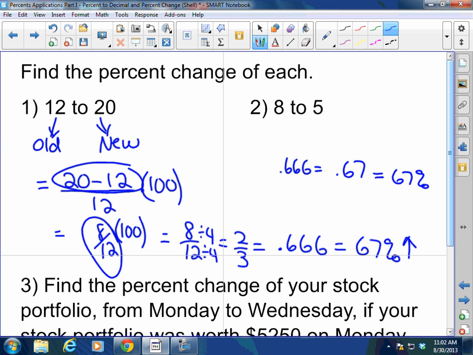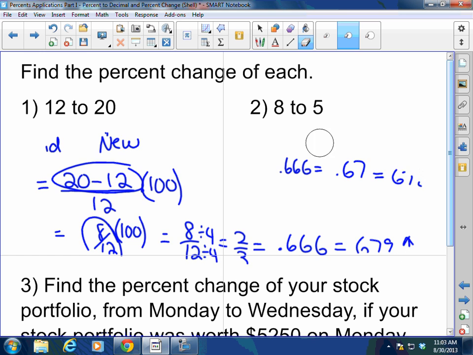Remember, multiplying by 100 means you're going to move the decimal 2 places to the right. Okay? So going decimal to percent, you're multiplying by 100, you go 2 places to the right. Going from percent to decimal, you're dividing by 100, and you're going 2 places to the left. Okay.